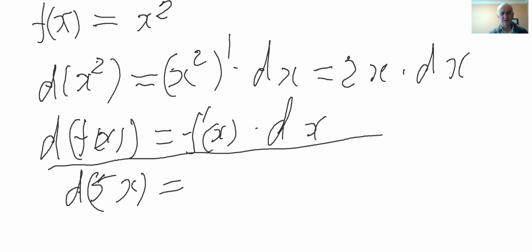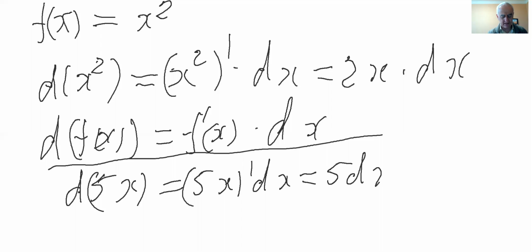Any idea what is d(5x)? 5dx. Maybe, let's check. It's the derivative of 5x times dx, and the derivative of 5x is 5. So it's going to be 5 dx.